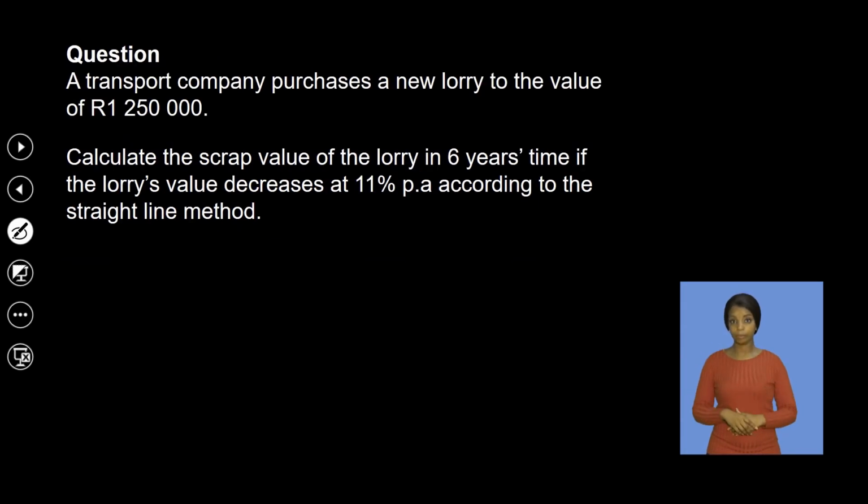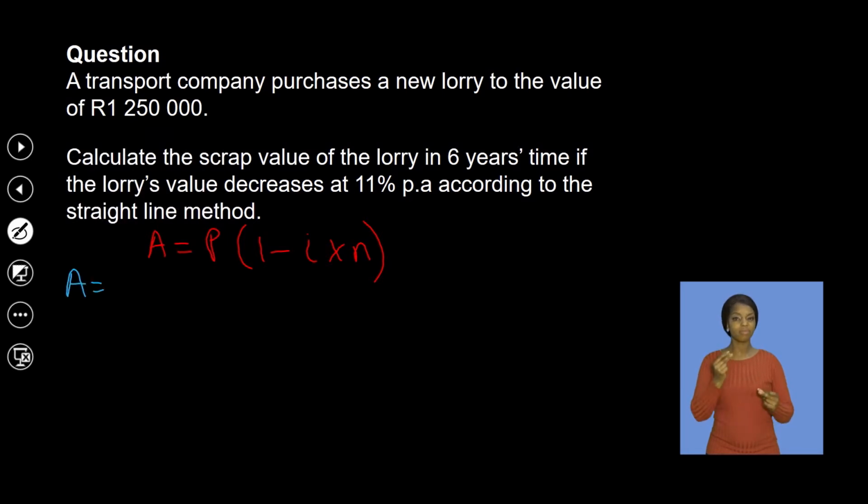So if I do a calculation for this, my formula will then be A = P(1 - i × n), right? So quickly, if we look at our data, remember that A is what I don't know, that's my scrap value, but P will actually be the 1,250,000.